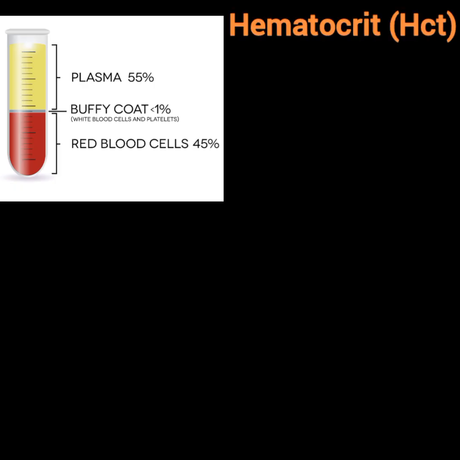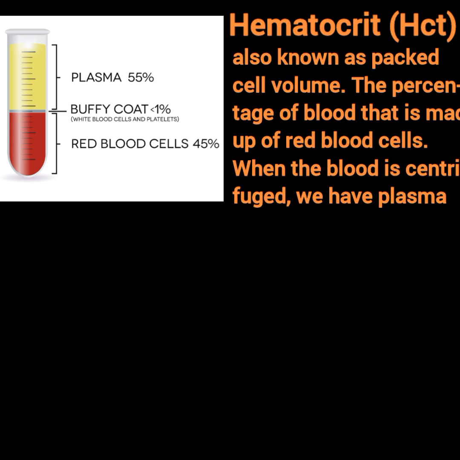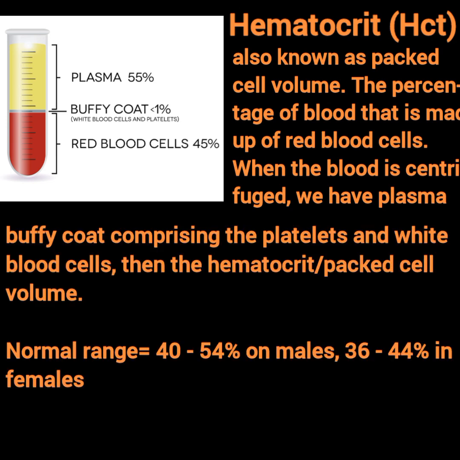HCT, the hematocrit, which is also known as packed cell volume. It is the percentage of blood that is made up of red blood cells. When the blood is centrifuged, we have the plasma, the buffy coat, which comprises the platelets and the white blood cells, and the hematocrit, that is the packed cell volume.